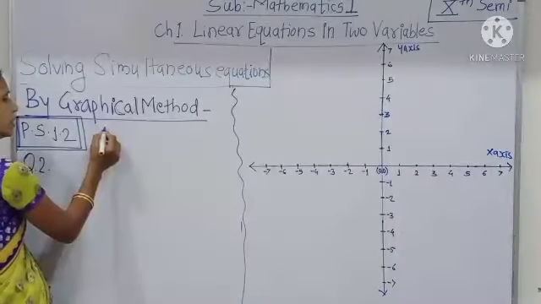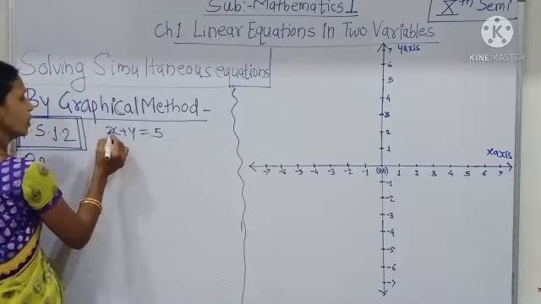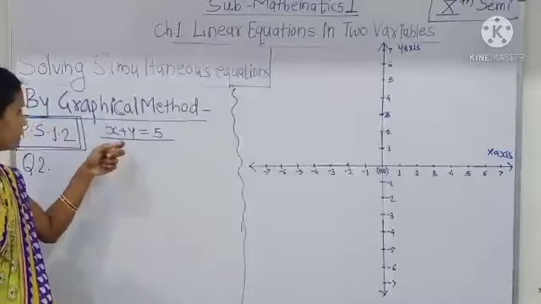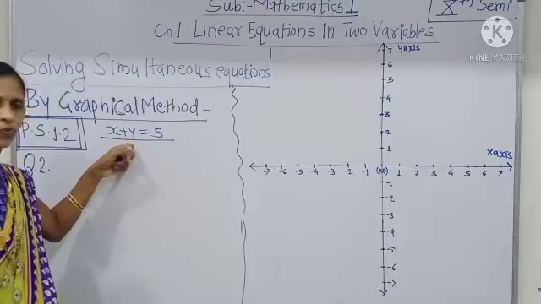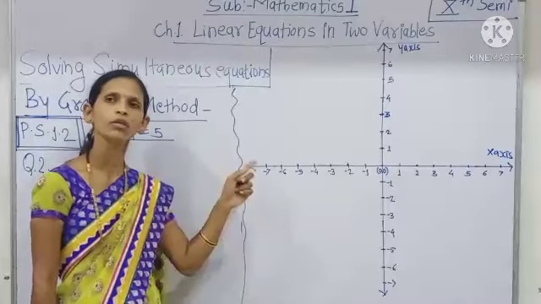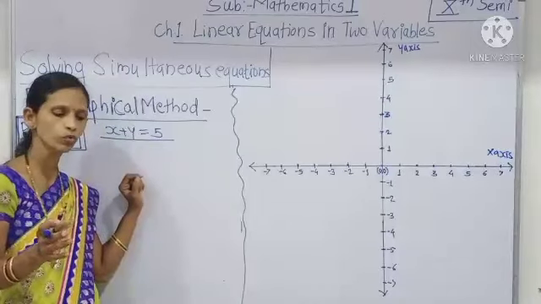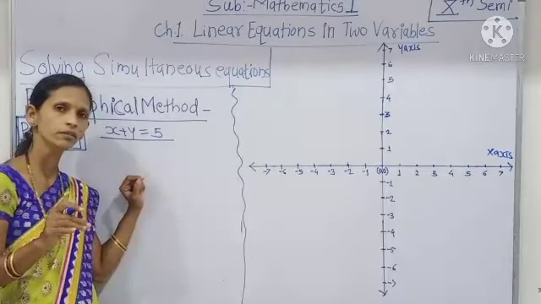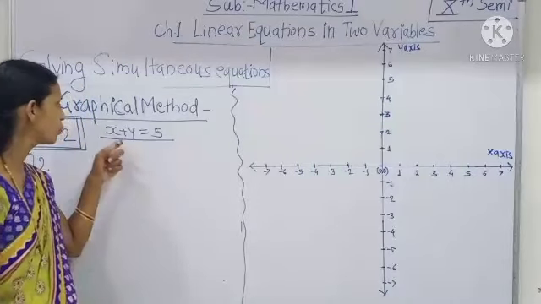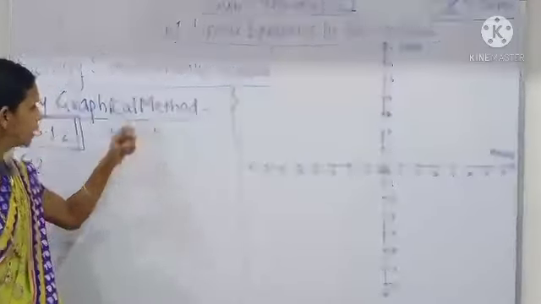See here, x plus y is equal to 5 is the linear equation in 2 variables. To plot the graph for that equation on graph paper, we first of all have to find at least 4 ordered pairs for the given equation.